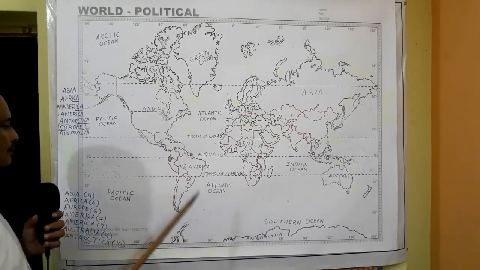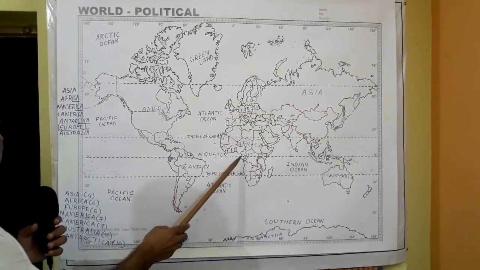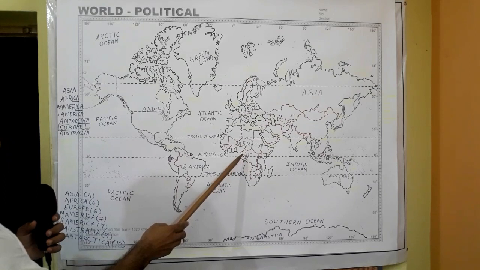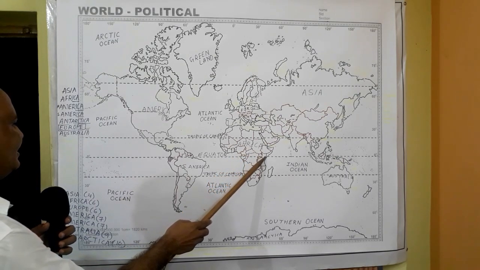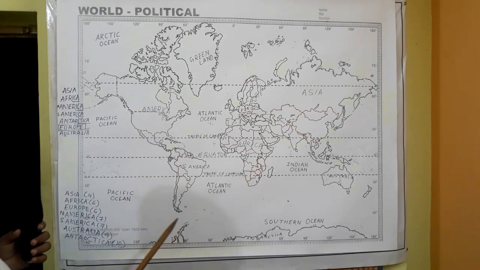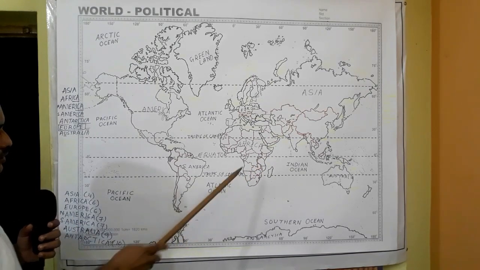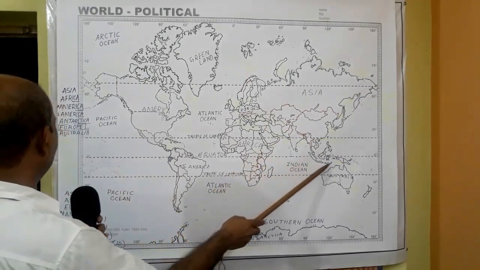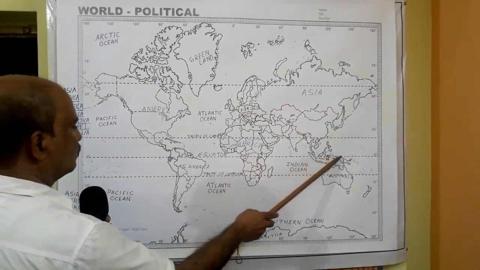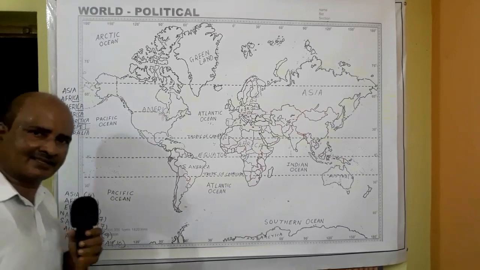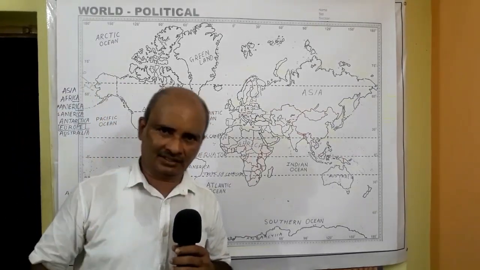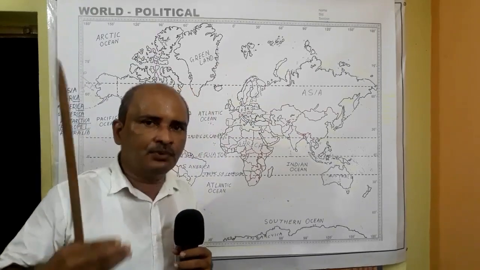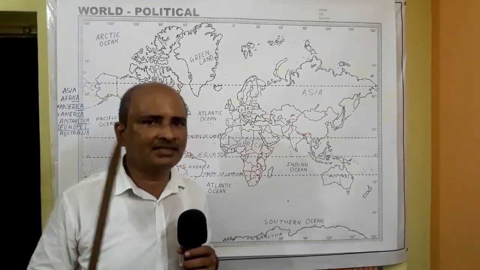Now coming to Africa: Gabon, Congo, Democratic Republic of Congo, Uganda, Kenya and Somalia. So altogether 5-6 countries they pass. Then finally Indonesia, which is in Asia, only 1 country. This is an exercise, and this exercise has to be done by the students. Then only we can improve in map pointing. It is not simply seeing and copying. Please remember.